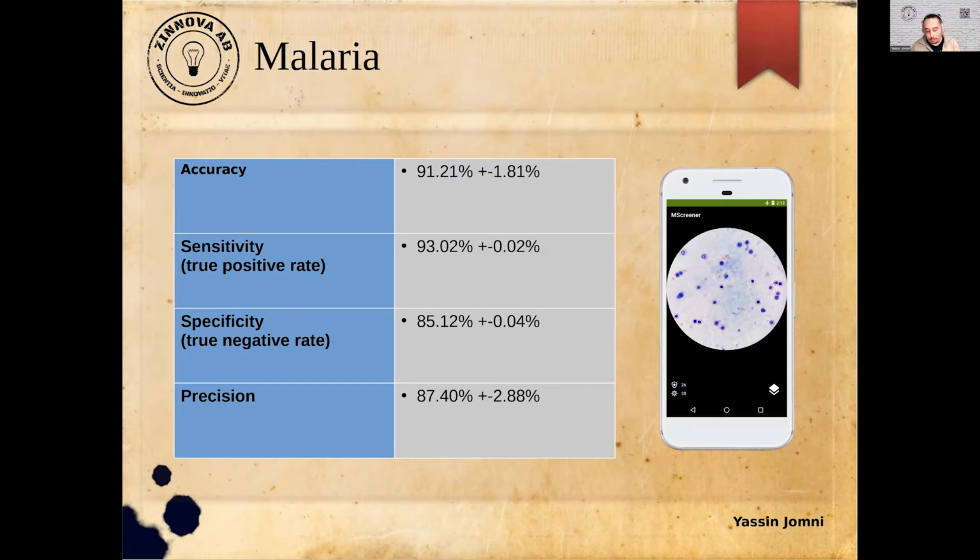According to the WHO, they have 4 levels of classification for the personnel, and everything above 90% is level 1. So it's good performance, but of course it could be improved. The only thing I need is more data.